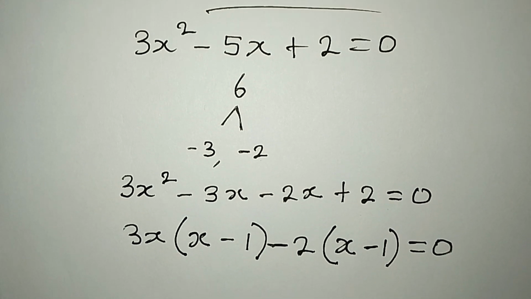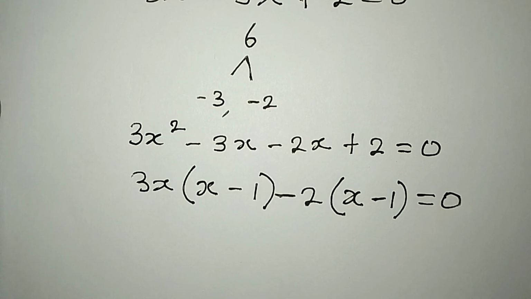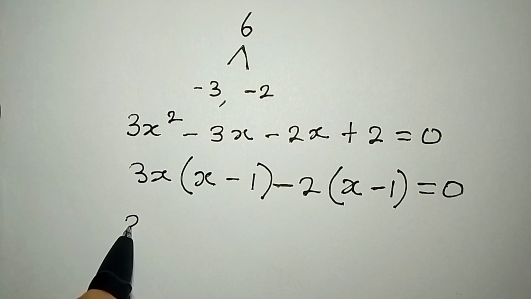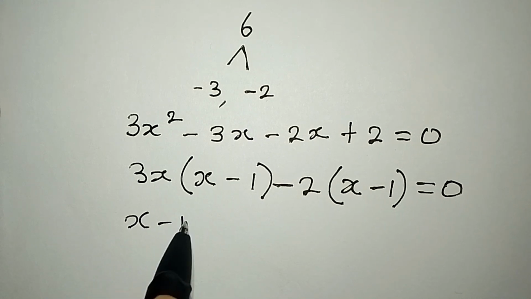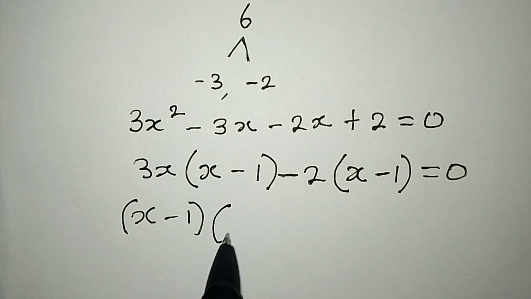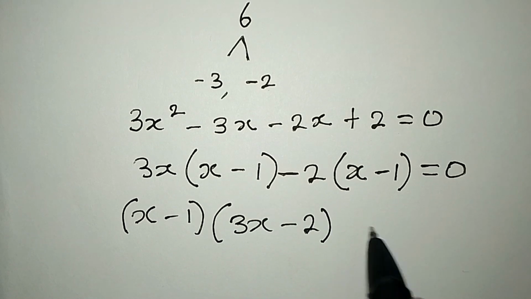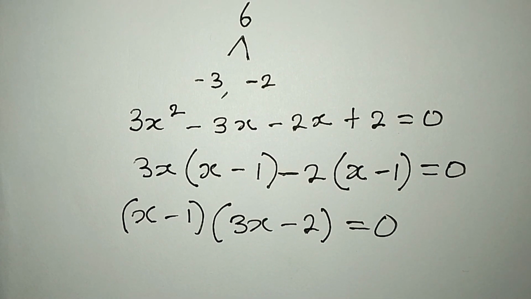Remember what we are trying to do? We want to get the sum of the roots. Now, from here, we have x minus 1 into 3x minus 2 equal to 0.